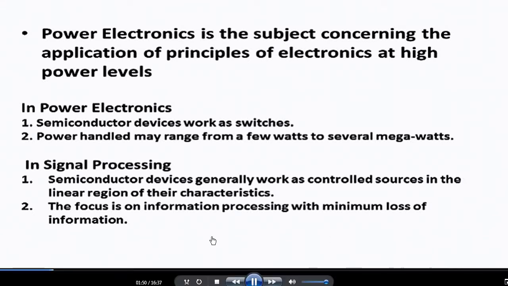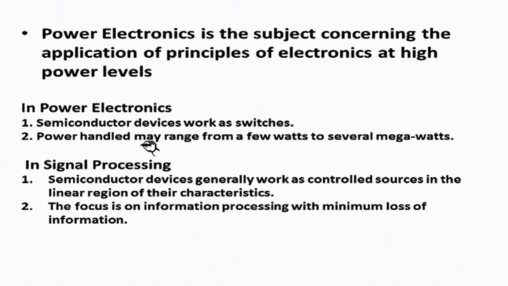In signal electronics, the main focus is on information processing, whereas in power electronics it is conversion of energy from one type to another, maybe AC to DC, DC to AC, AC to AC or DC to DC, at higher efficiency.